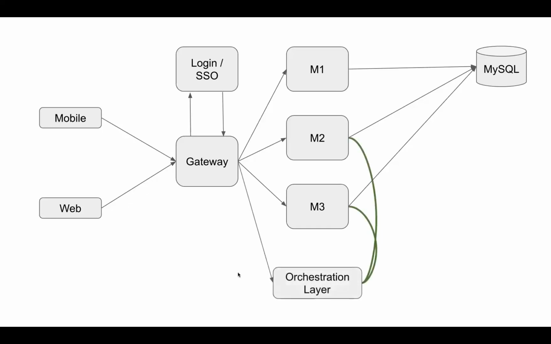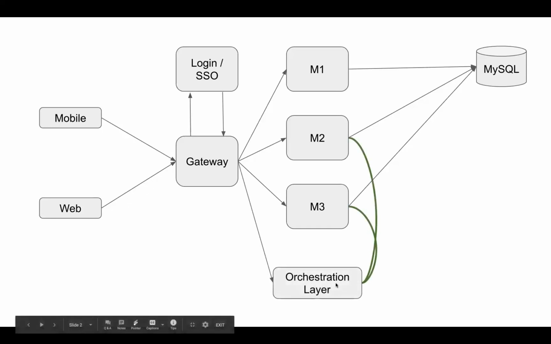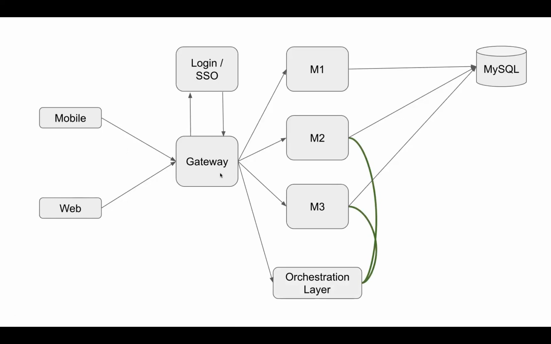Another thing which I wanted to bring up is the orchestration layer. It's not necessary that your UI layer would always want just one service. Suppose for instance, to render a small page, it wants to talk to three different microservices, so it has to essentially do three API calls.